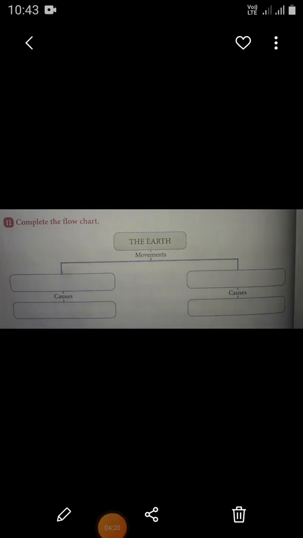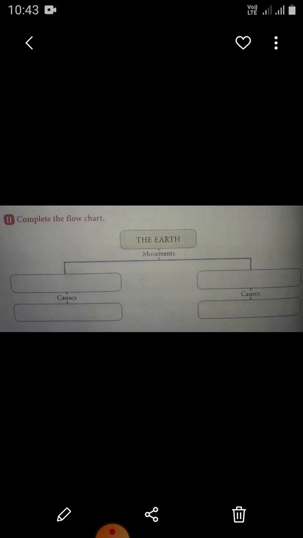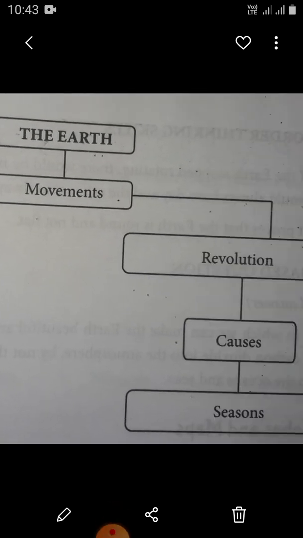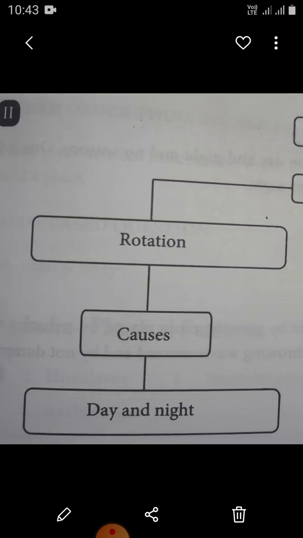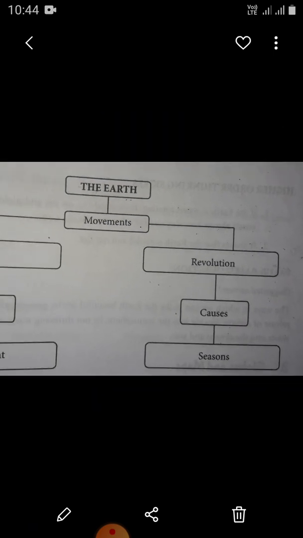Next question. Complete the flow chart. The earth: movements and causes. Answer: The earth shows two types of movements, rotation and revolution.